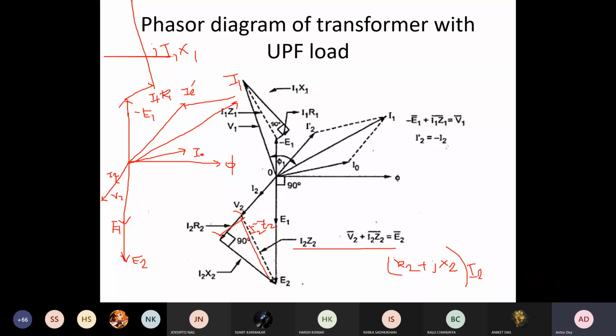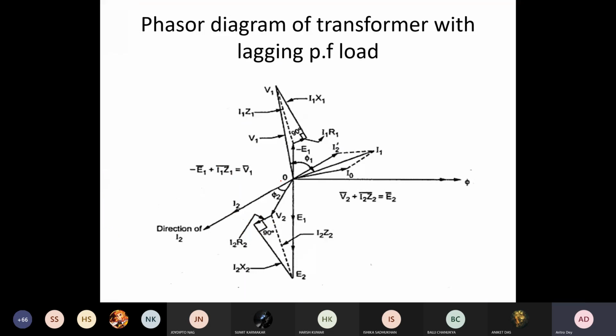Then if we use a highly inductive load with lagging PF, as shown, this is your V2, and this phi 2 is due to the load. This is the direction of your current, I2.